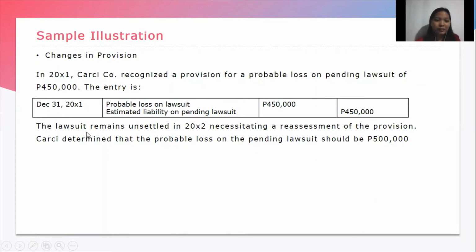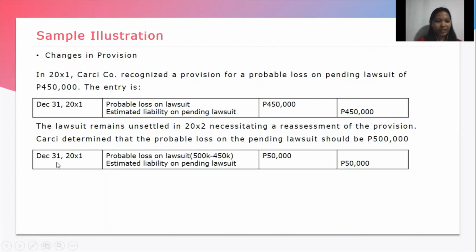So, the lawsuit remains unsettled in 20x2. Nasa same areas as estimate of the provision. Sabi niya, di ba? I-review yung provision in its reporting period. And Carsico determined that the probable loss and the pending loss should be 500,000. So, nabago yung estimated liability dun sa lawsuit na yun.